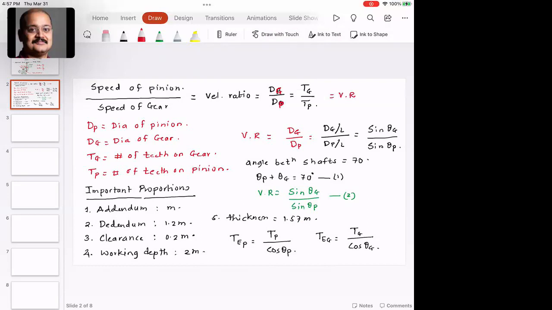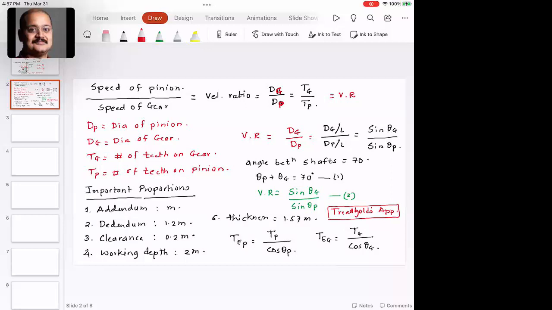Tredgold's approximation. This is a geometric technique or a geometric construction that will map this three-dimensional bevel gear into its equivalent two-dimensional spur gear. So these relations come from Tredgold's approximation.